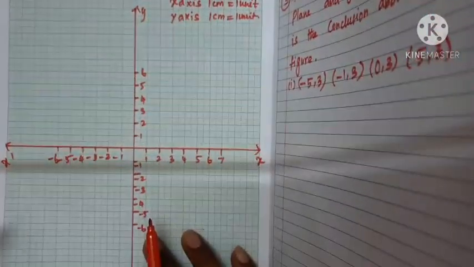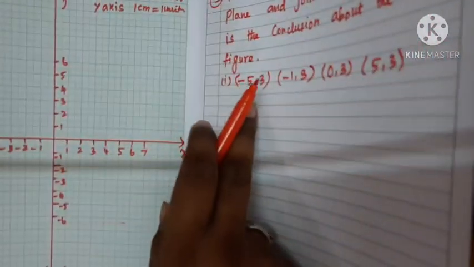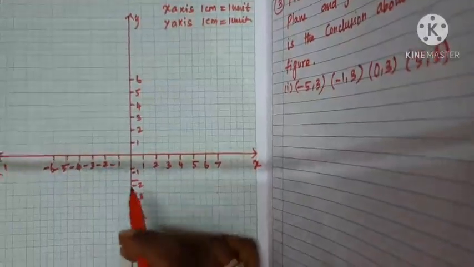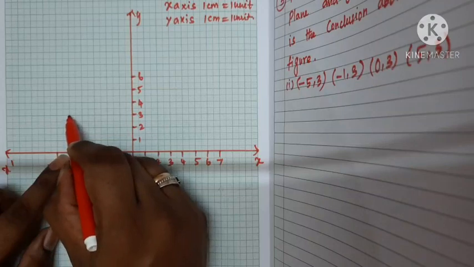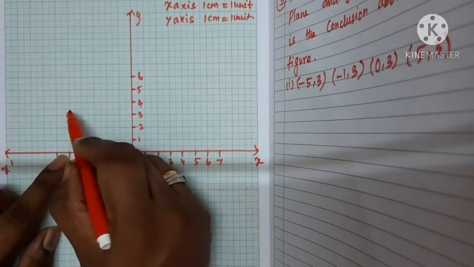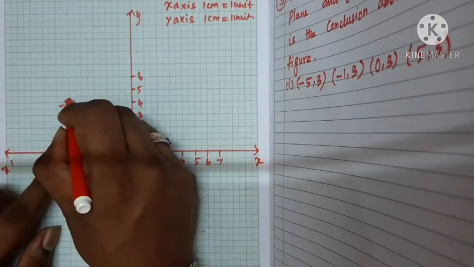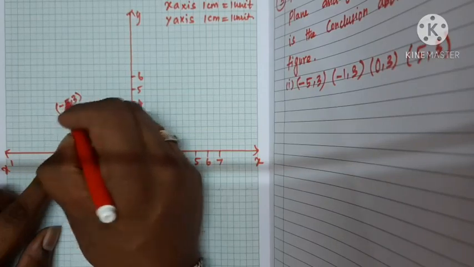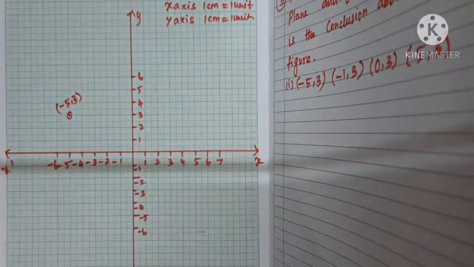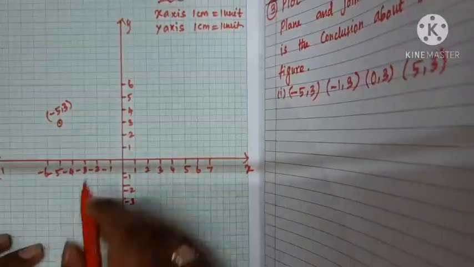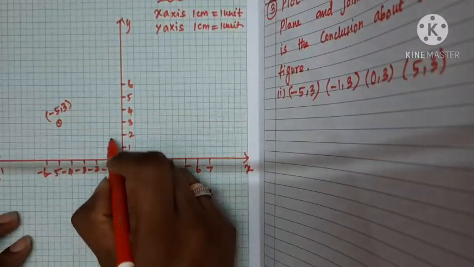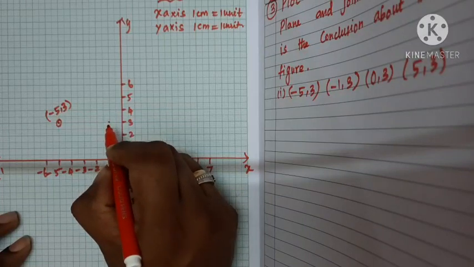Okay, now the first point is minus 5 comma 3. X is minus 5, y is plus 3. And the next point is minus 1 comma 3. X is minus 1, y is plus 3.